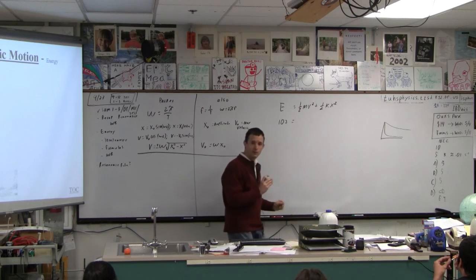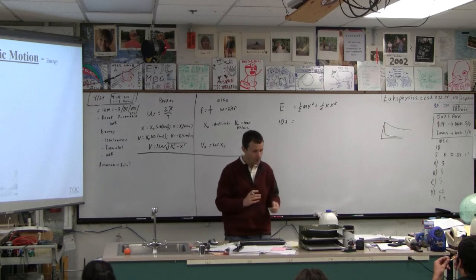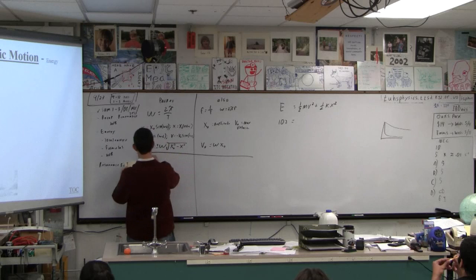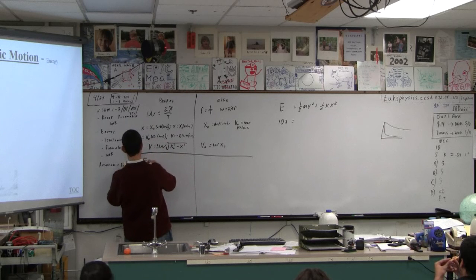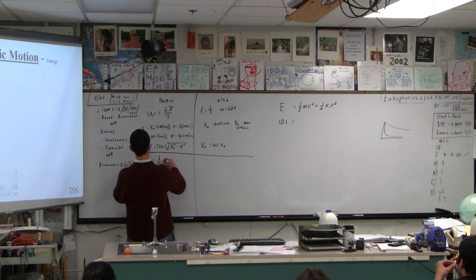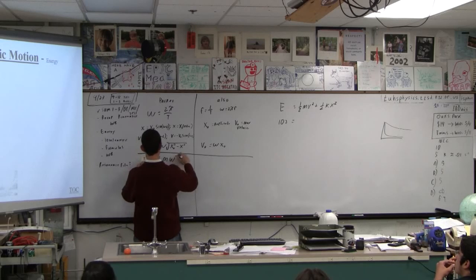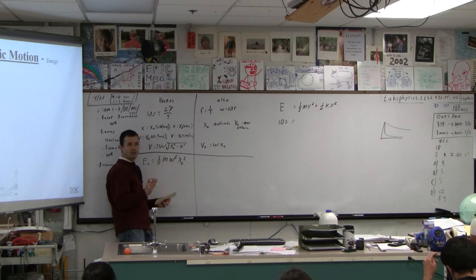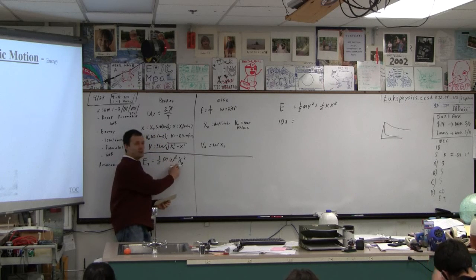Now, if you look at the data packet, one of the things they give us is that the total energy, E total, is 1/2 m omega squared x naught squared. Now, if you think about this, this is the amplitude.